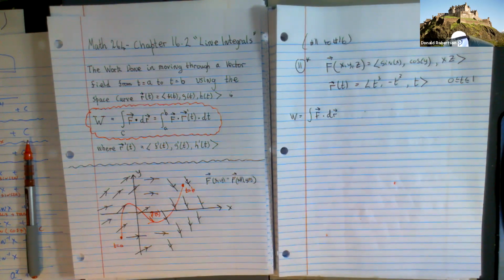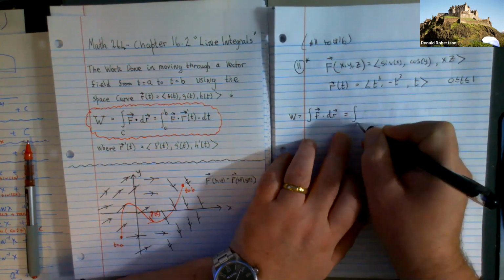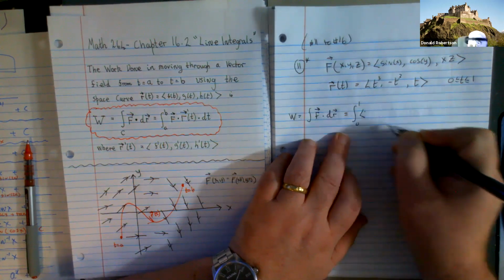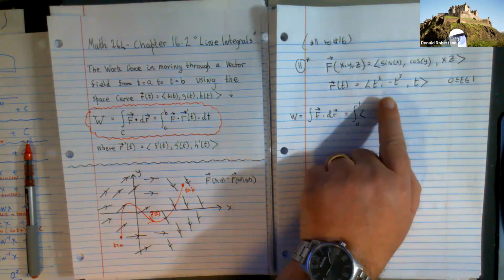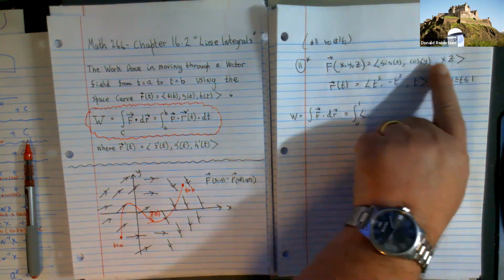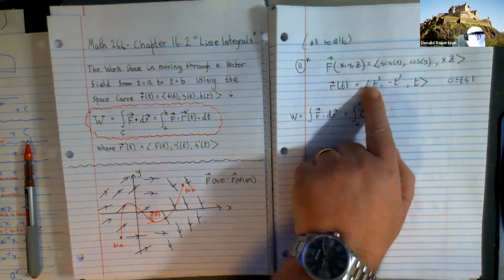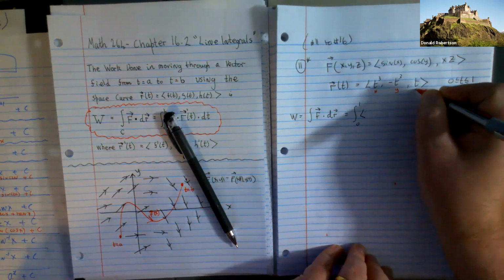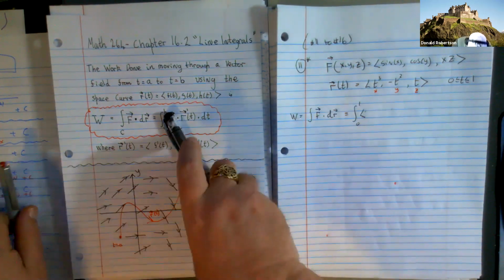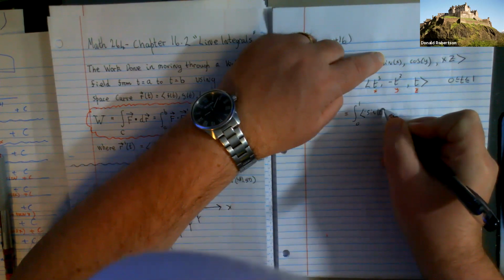Okay, we got a whole load of things to fix here. It's going to be from 0 to 1. That's the easy bit. The vector f, which is this, this, and this, is going to get converted into this, this, and this, but not with x, y, and z anymore, but with t's. We're going to use that for the x, this is going to be the y, and this is going to be the z. So instead of the sine of x, I'm going to get the sine of t cubed.